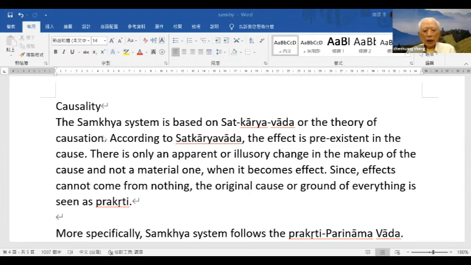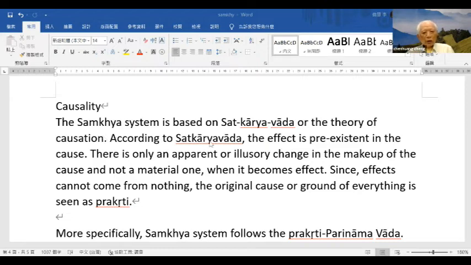Of course, it is a kind of causation, but it is different from the Buddhist theory of causation. The Buddhist theory of causation is called dependent arising. But in Samkhya, causation means the evolutionary process of our Prakriti.